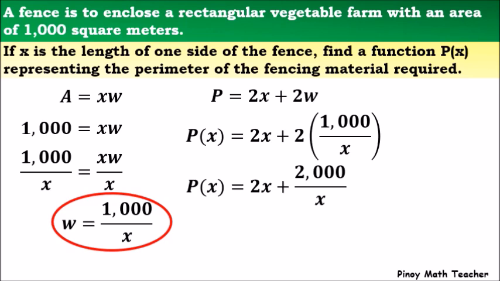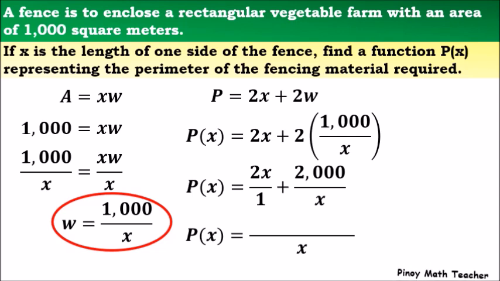Or, maaari din natin i-express ito as a single fraction tulad nito. Ang 2x ay may denominator na 1. Ang LCD na gagamitin natin ay x, so simply the product of the denominators this time. Gamit ang LCD, kukuhanin natin ang numerator.